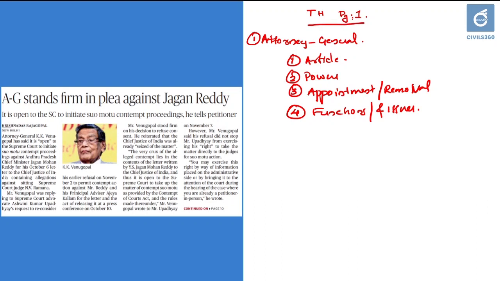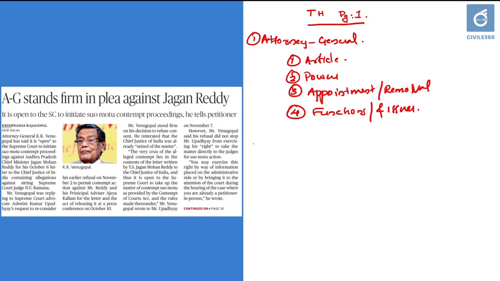You take the paper, go through the first page, and if any constitutional bodies or any important bodies are mentioned there, you identify the important functions, powers, articles, appointments, removal, etc. Take a note, or just search it in Google and take a note, or go through the ideas given in Laxmikant. You can follow any of these.